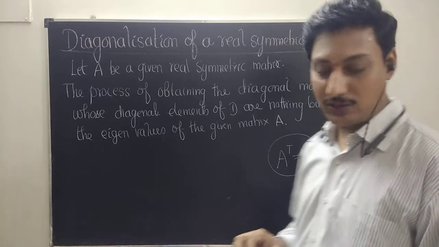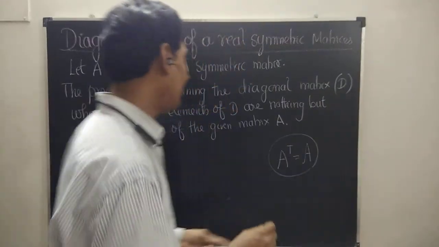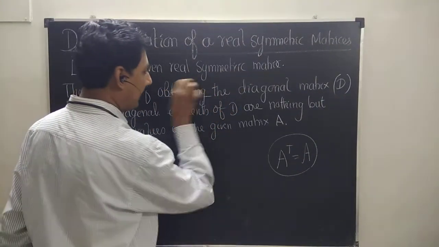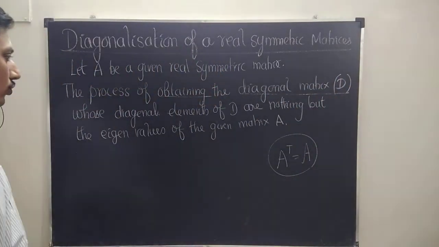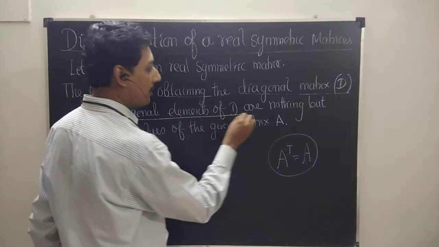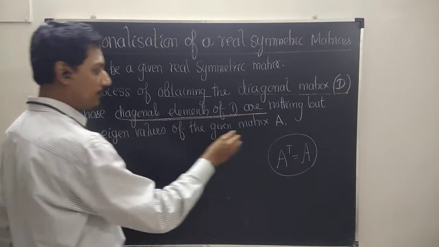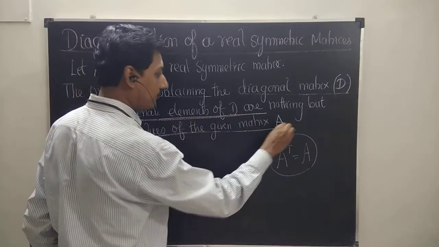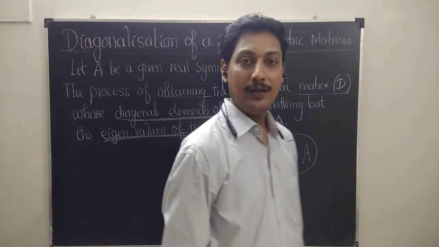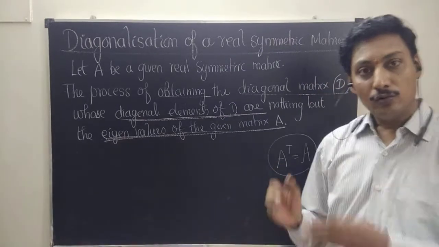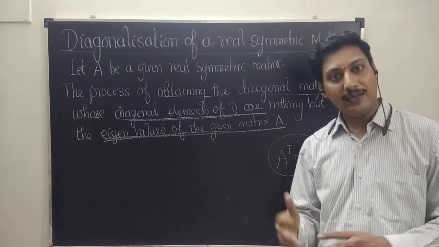Then what is the procedure? The process of obtaining the diagonal matrix D, whose diagonal elements are nothing but the eigenvalues of the given matrix.